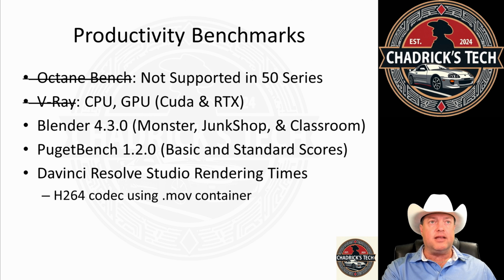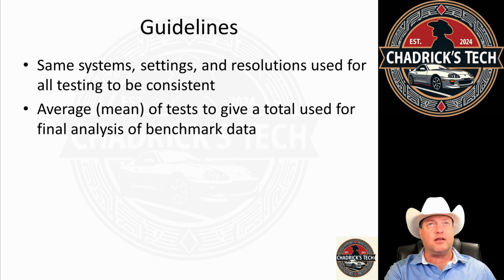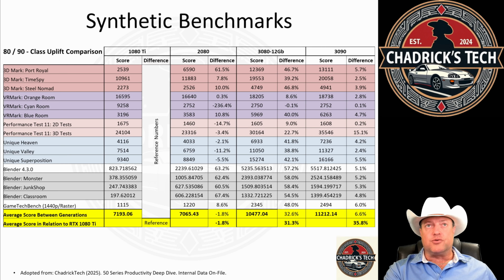We're going to get a mean from synthetic and productivity benchmarks, and also use render time with Puget Bench 1.2.0, DaVinci Resolve Studio, using an H.264 codec and an MOV container. Same settings, generate our mean, compare the scores.